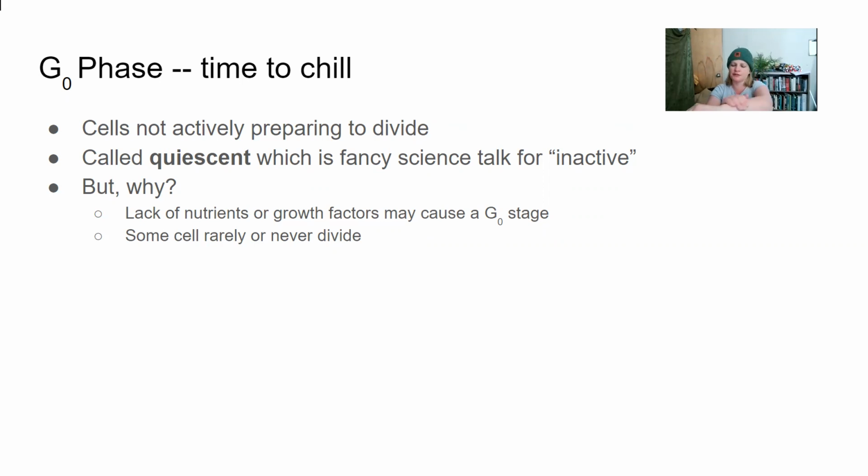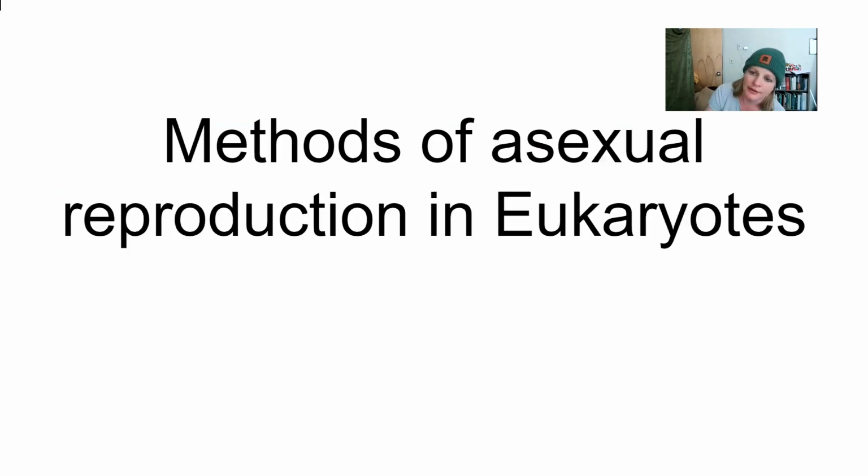Of course, our skin cells are constantly dividing because we're shedding skin cells all the time, and we need to replace that. Same with our esophageal and intestinal cells. But our brain cells and our heart cells, those are us, really.